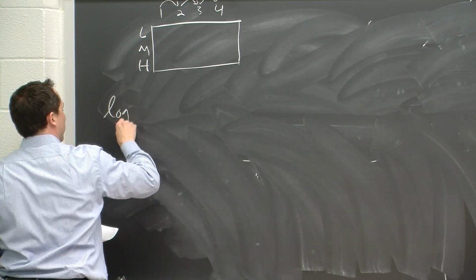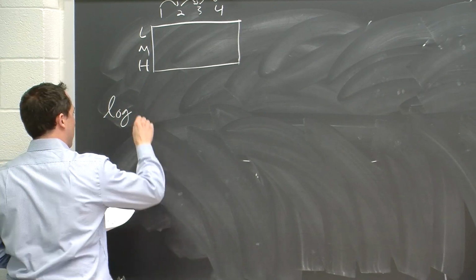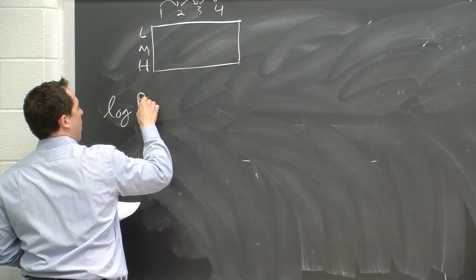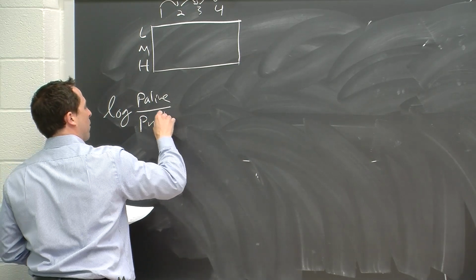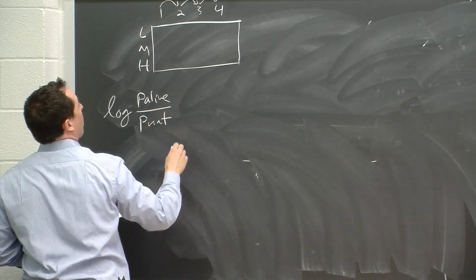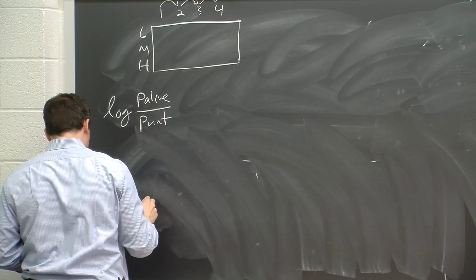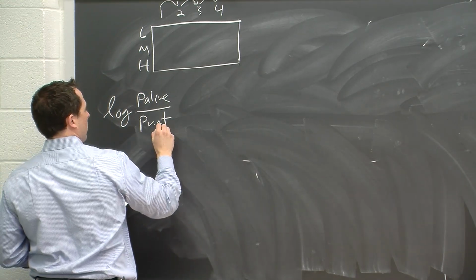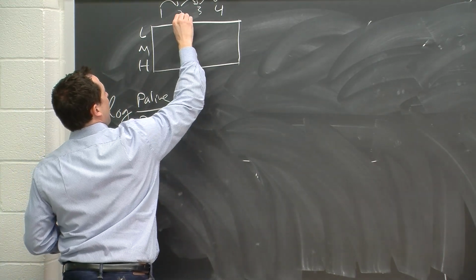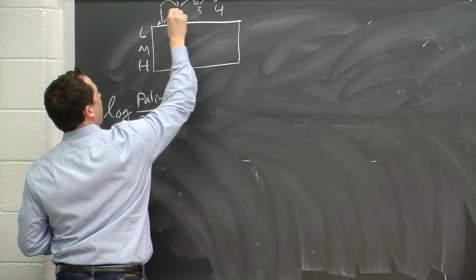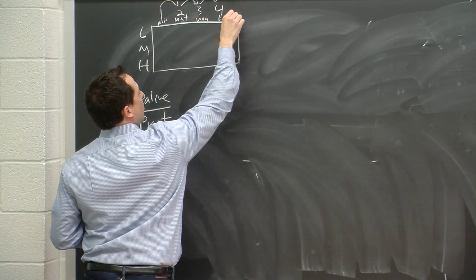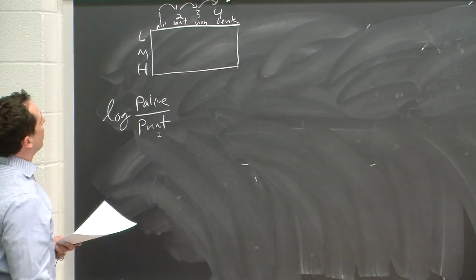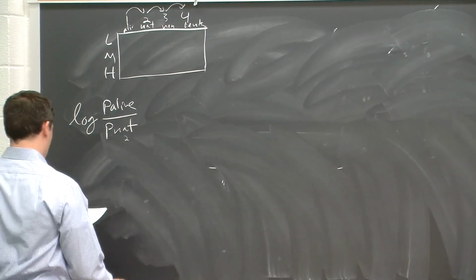That is what we're going to use as our linear predictor, something like probability of alive given probability of died from natural causes, which is number 2. This is alive. This is non-leukemia, and this is leukemia. So 2, 3, and 4 all have died, and 1 is not.